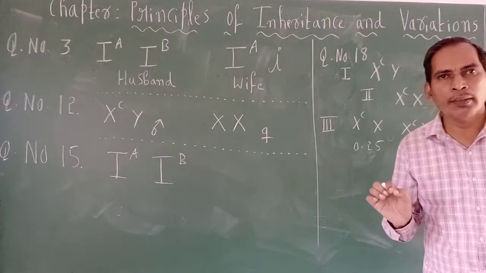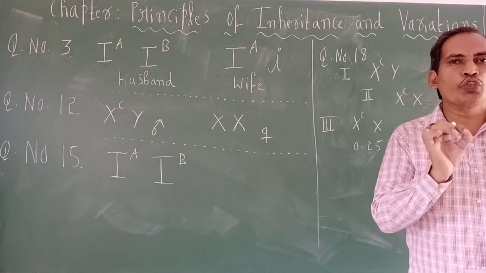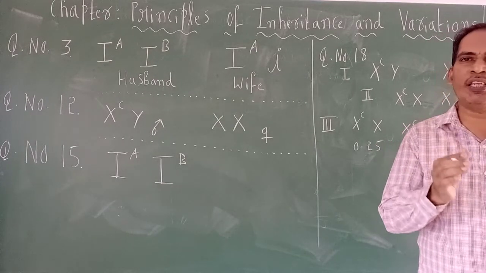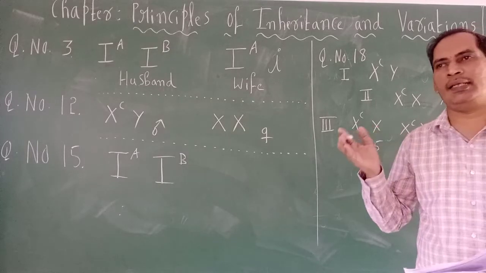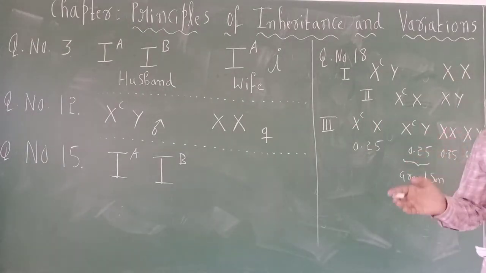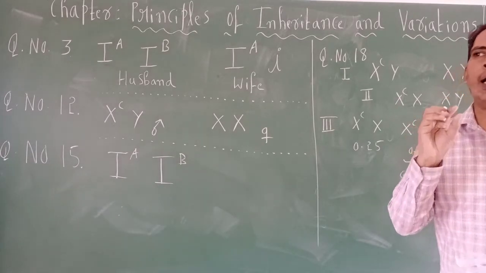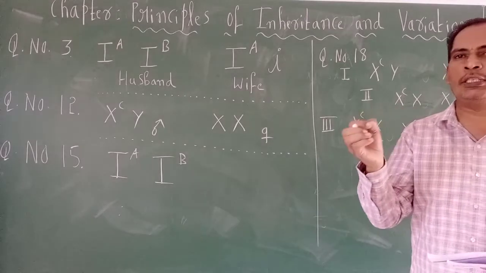As a result, in a Down syndrome patient, one autosome is more, that is 45 autosomes plus XY or 45 autosomes plus XX. One autosome is more. Which autosome is more? The autosome of the 21st pair.